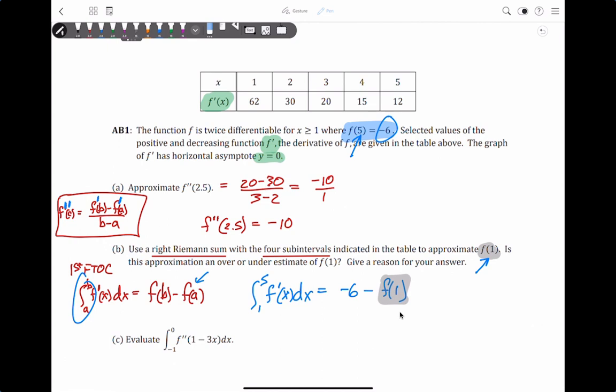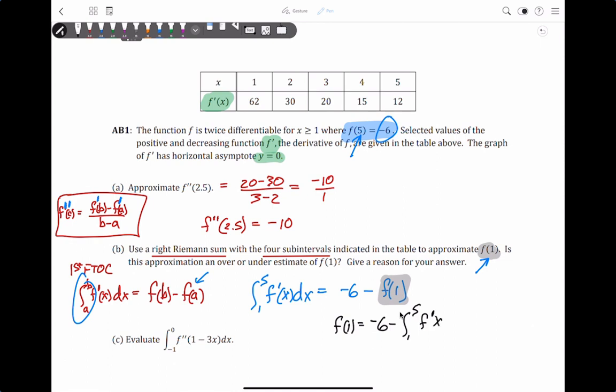So I can, if I want, rewrite it so that f of 1 is all by itself on the left side. And it's going to equal -6 minus, I'm going to move this integral over to the right side. So we're going to say that f of 1 is equal to -6 minus the integral from 1 to 5 of f prime of x.